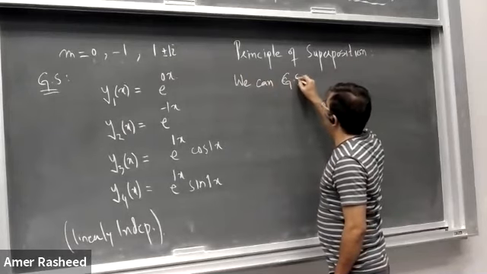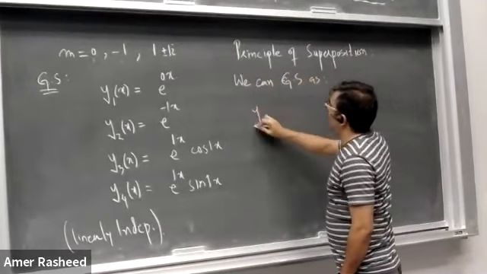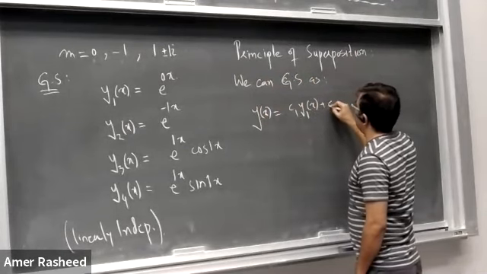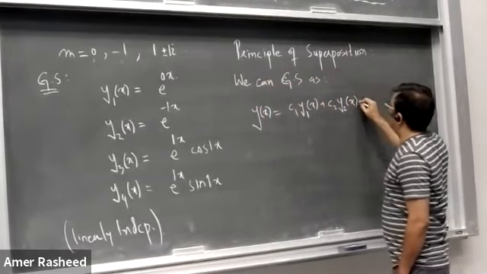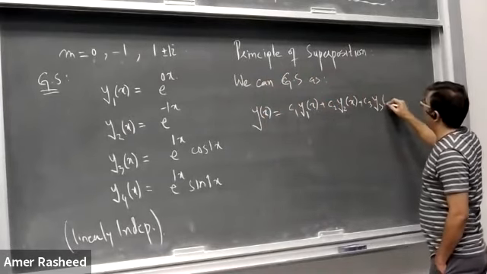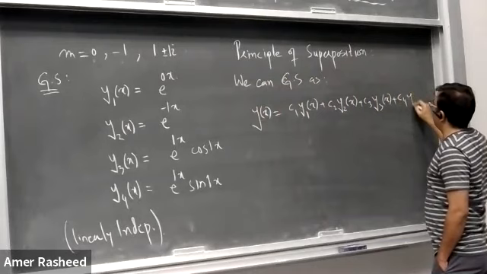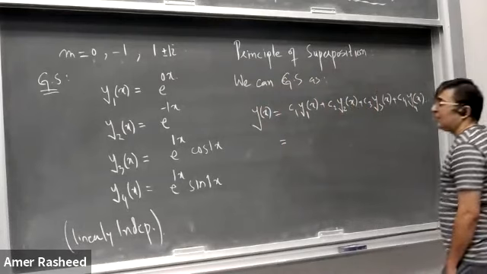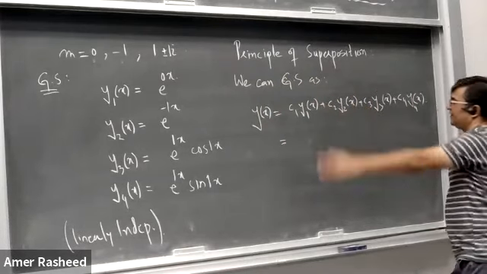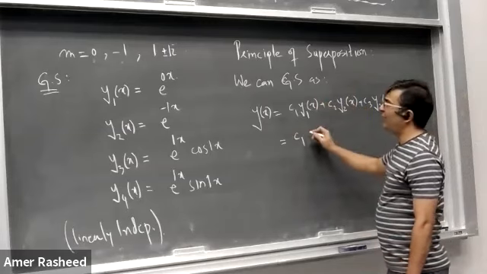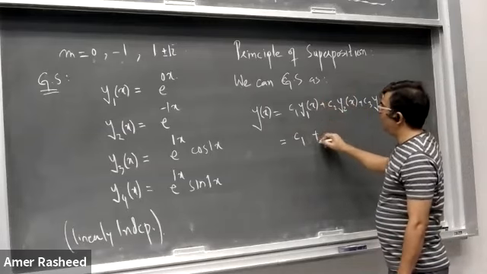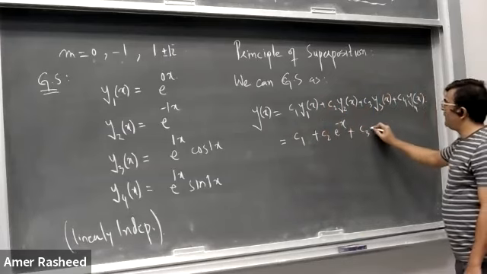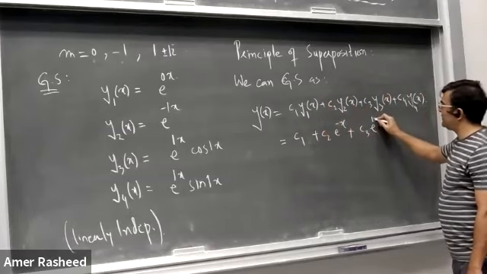Now, by using the principle of superposition, we can write the general solution. y of x is C1 y1 of x plus C2 y2 of x plus C3 y3 of x plus C4 y4 of x. You can just insert the values: C1 times e raised power 0x, which is 1, plus C2 e raised power negative x plus C3 e raised power 1x cosine 1x plus C4 e raised power 1x sine 1x.